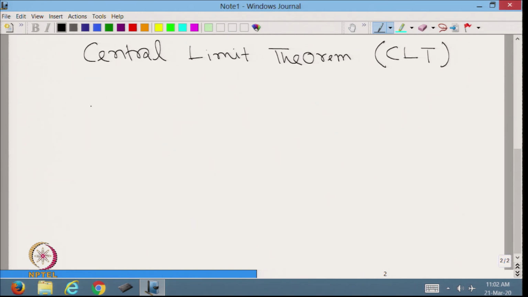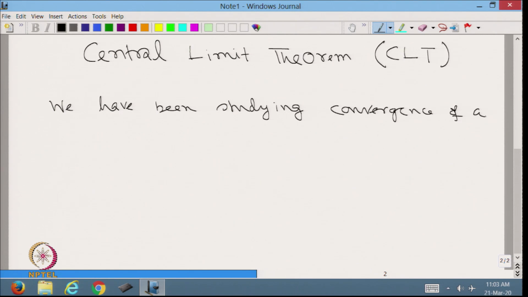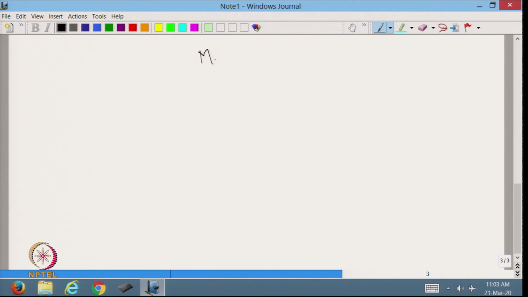Over the last few lectures, we have been studying convergence of a sequence of random variables. So, first we studied mode of convergence.